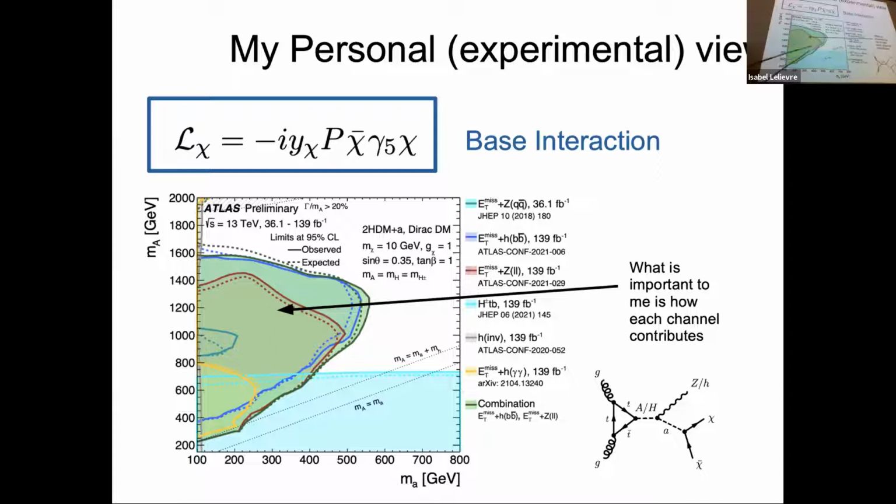You can see you can get exclusion bounds for a light and a heavy pseudoscalar mass, for some fixed set of couplings. There are so many things being fixed here that it gets confusing, because you also have the mixing angle sin theta and tan beta, the ratio of the Higgs vevs.